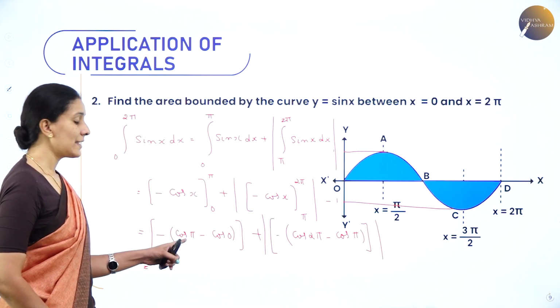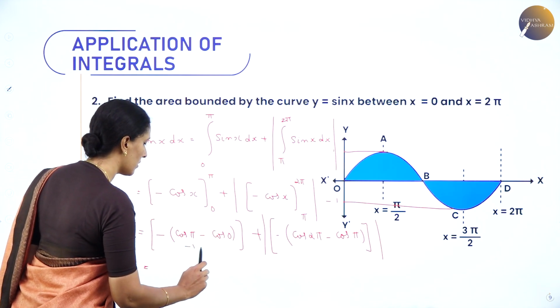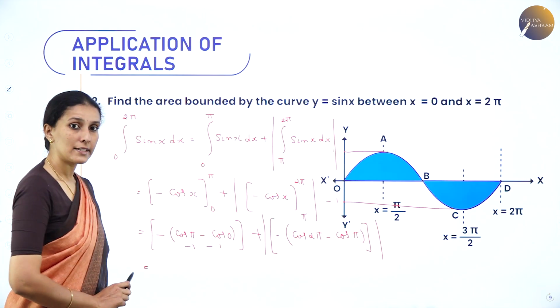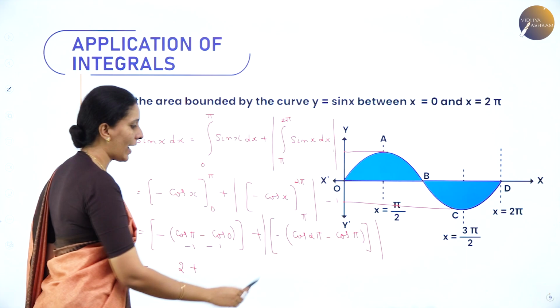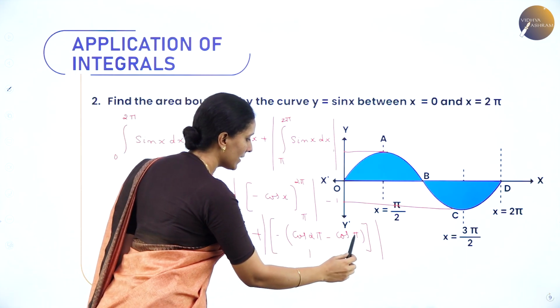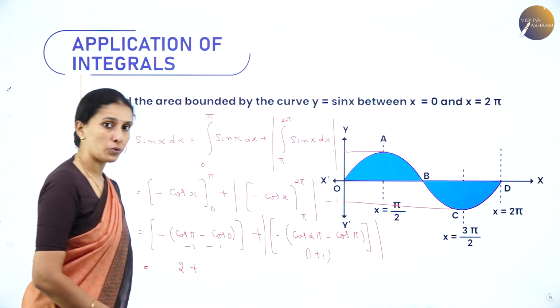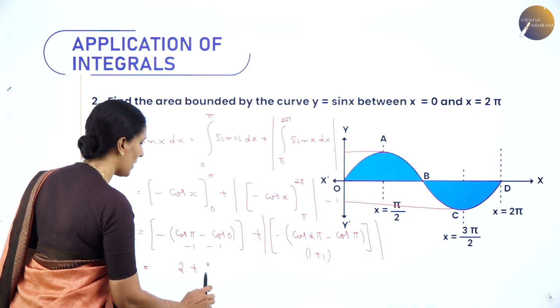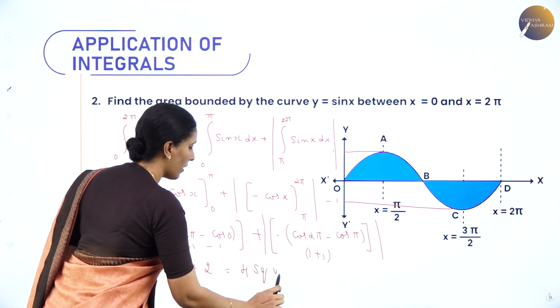Cos pi is minus 1, cos 0 is 1, so minus 1 minus 1, with the minus outside, becomes 2, and plus. Next we have cos 2 pi is 1, cos pi is minus 1, minus of minus 1 is plus 1. So minus of 2, and under the modulus it becomes plus 2 again. So 2 plus 2 is 4 square units.